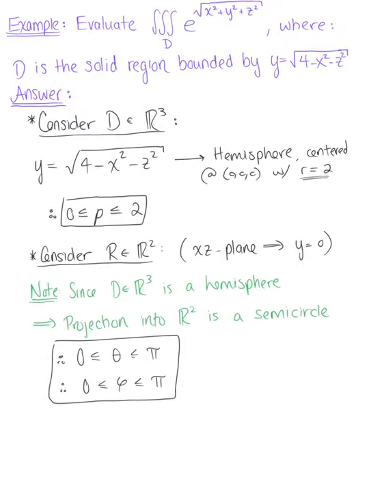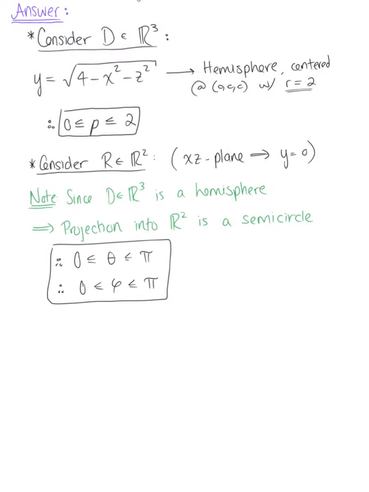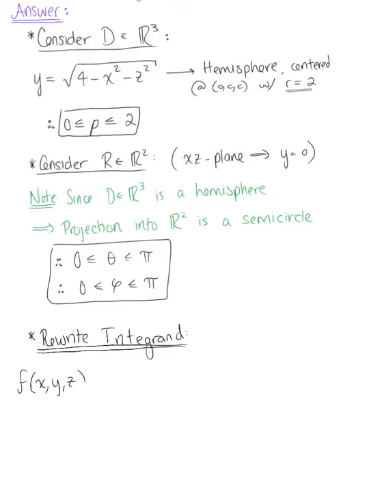And so the last thing that we need to do here before we can begin integrating is to rewrite the function, or the integrand. We were given f of x, y, z defined as the natural exponential raised to the square root of x squared plus y squared plus z squared.